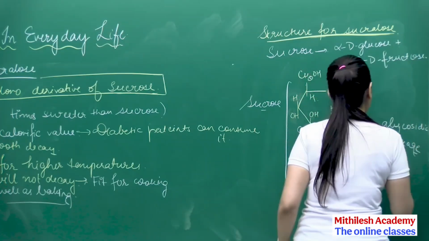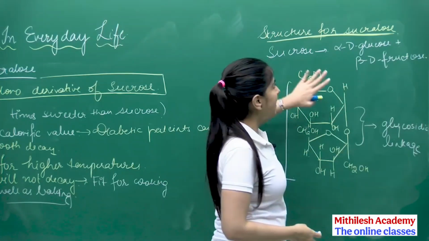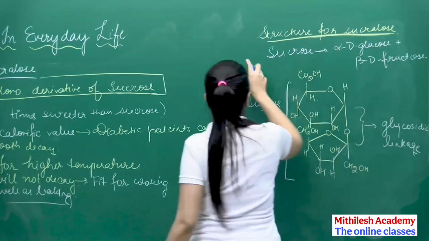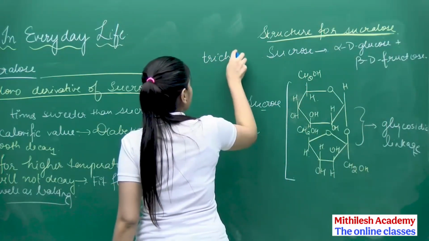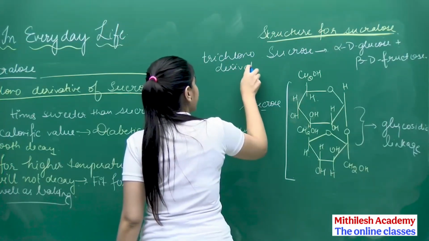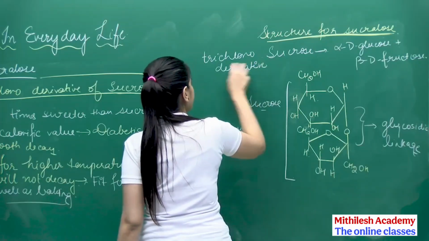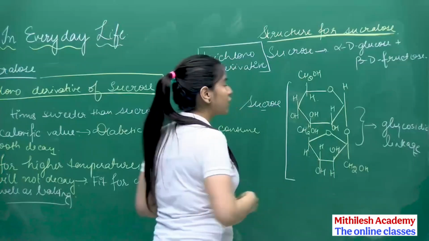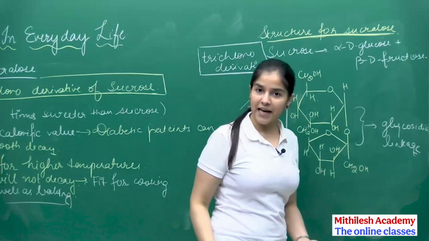So I hope you all are following up. It's very easy. Now we need to form a trichloro derivative, the structure for sucralose. Here I will be writing trichloro derivative. So that is what we need to make. That means I need to attach 3 chlorines over here. Where are the 3 chlorines attached?